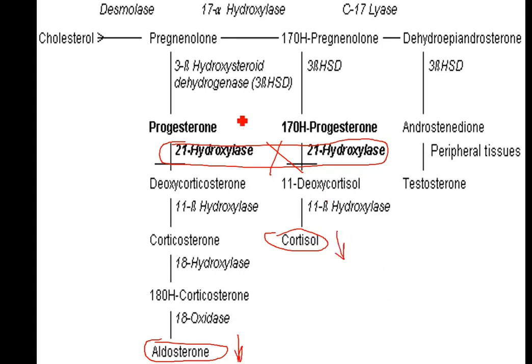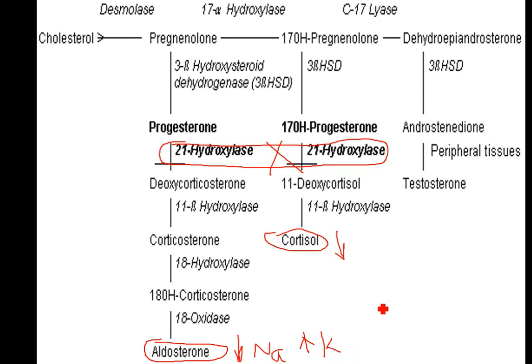This is a clinical condition known as the salt losing state under congenital adrenal hyperplasia, because when there is 21 hydroxylase deficiency, there will be excess of progesterone and 17-hydroxyprogesterone.